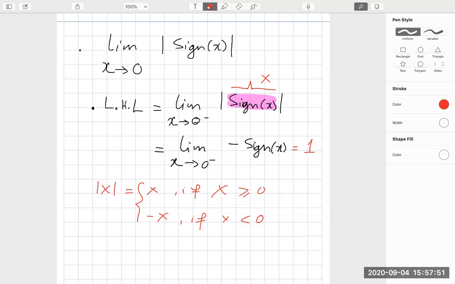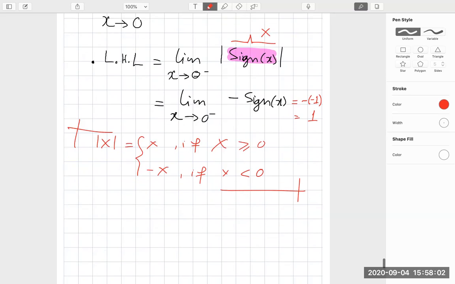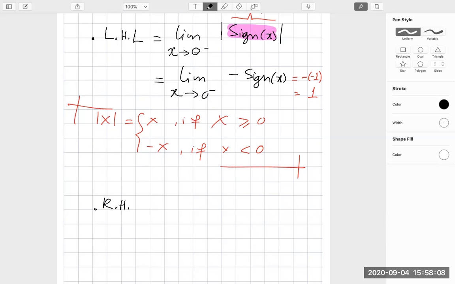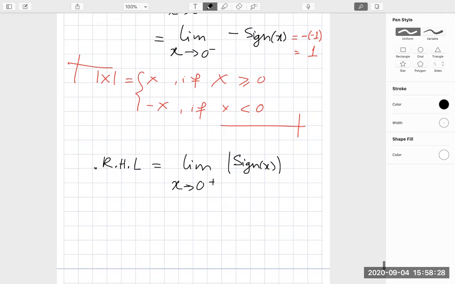Yeah. Or let us write it this way. Okay. Similar story. The right-hand limit of this is the limit when x approaches 0 from the right. And we know that as it approaches from the right, the sine function will be 1, right?